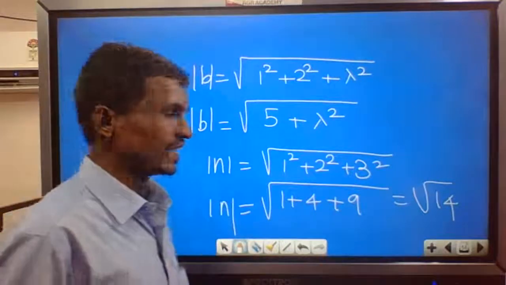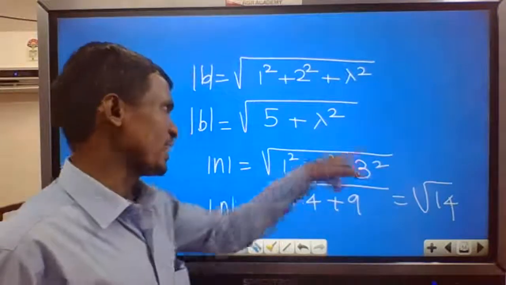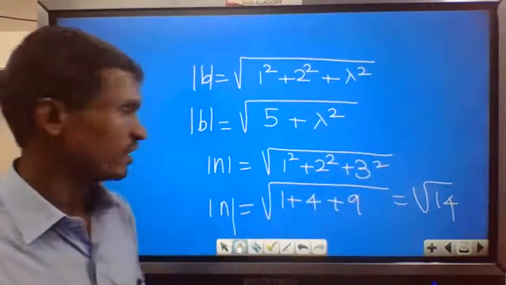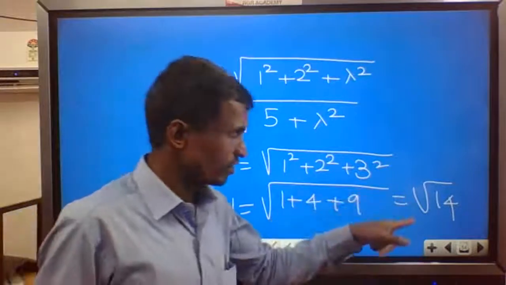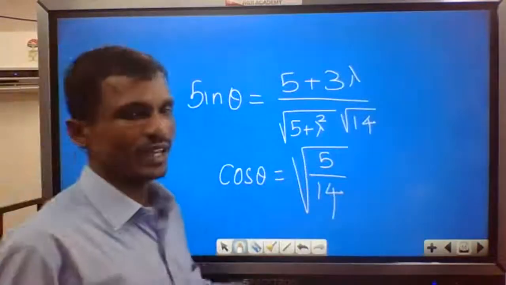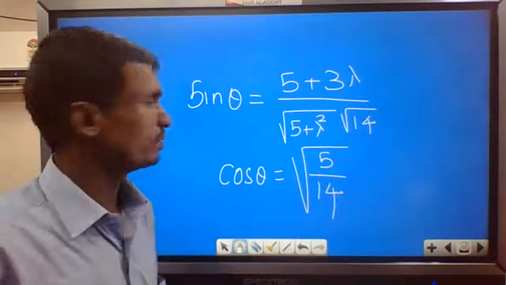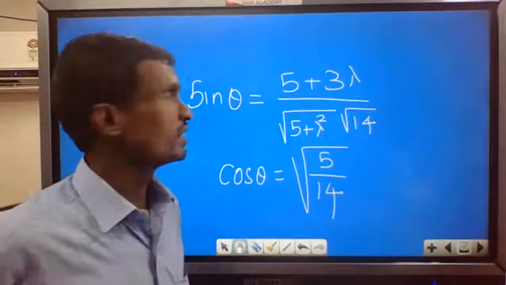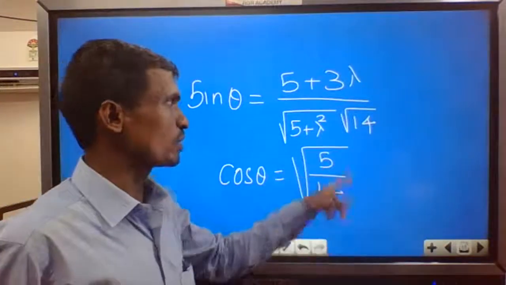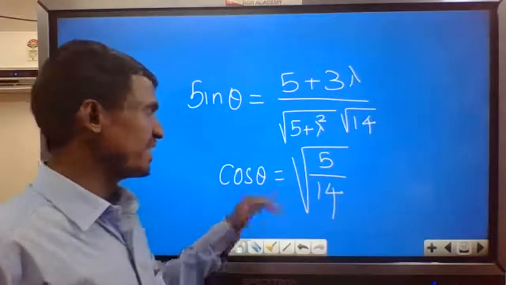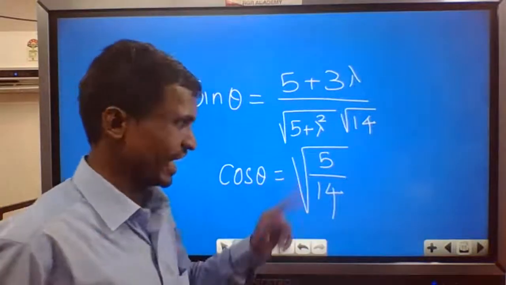And then modulus n equal to root of 1 square plus 2 square plus 3 square, root of 14. Then apply b dot n over modulus b modulus n: sin theta equal to 5 plus 3 lambda divided by root of 5 plus lambda square root 14. In this problem, we are given cos theta equal to root 5 divided by 14.